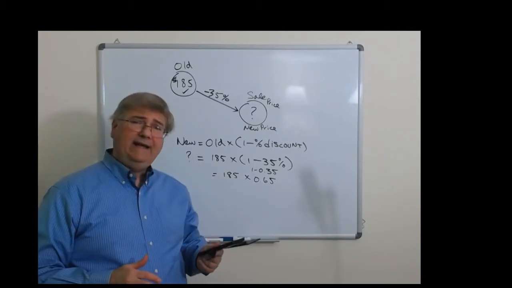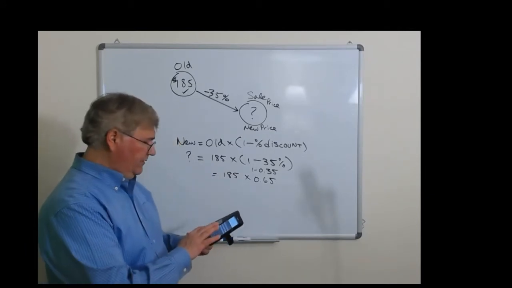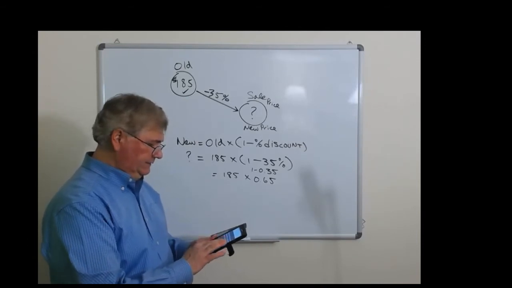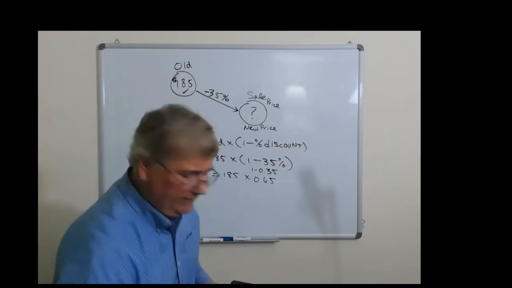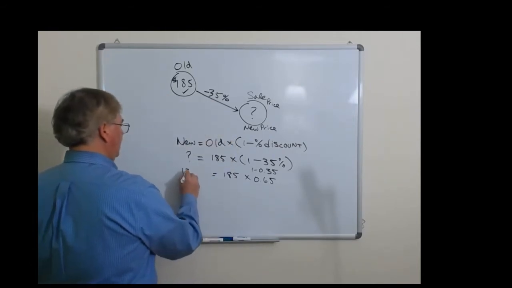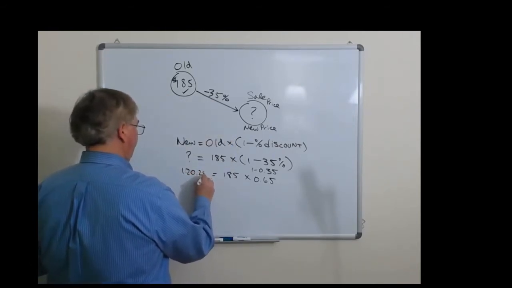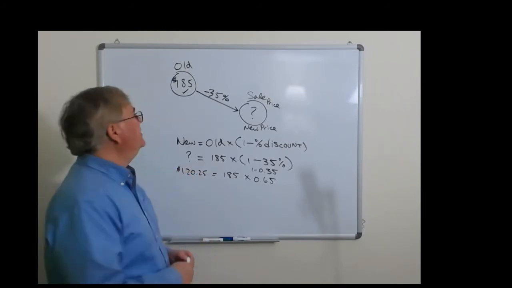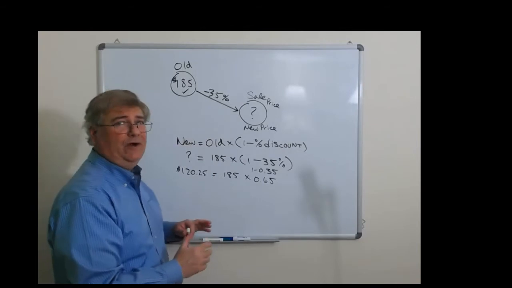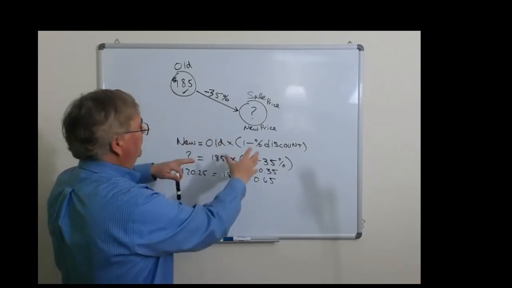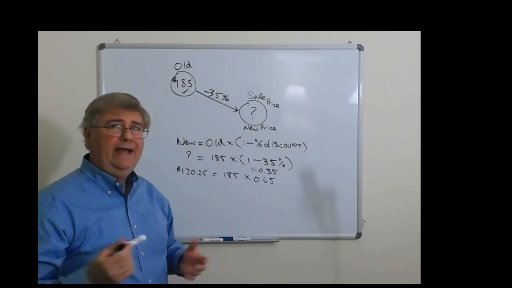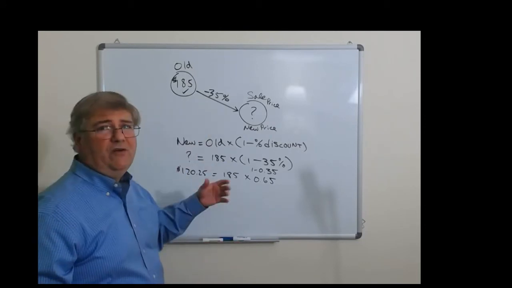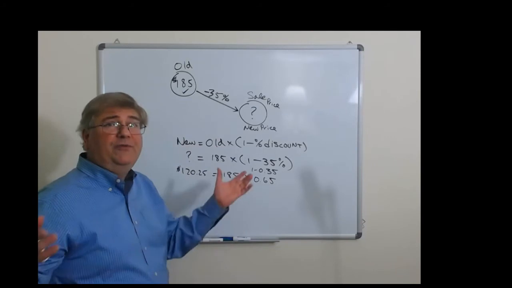If you take your handy-dandy calculator at this point, just multiply 185 times 0.65, you get 120.25, or $120.25. That was easy. And you can apply this same framework, the same procedure, series of steps, for any discounted price scenario, whether it's 50% off, 25% off, 100% off, whatever.